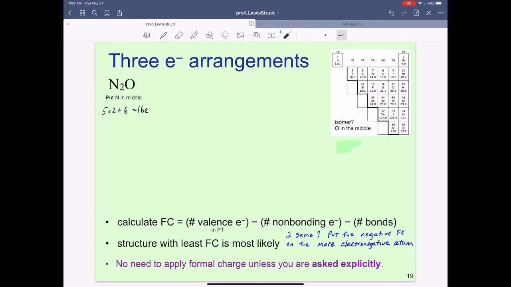So let's put the nitrogen as suggested in the middle, so a nitrogen attached to another nitrogen attached to an oxygen. 3, 4, 5, 6, 7, 8. We'll need to do some backtracking and shift some electrons to end up with 2 double bonds so that all the octets can be satisfied.